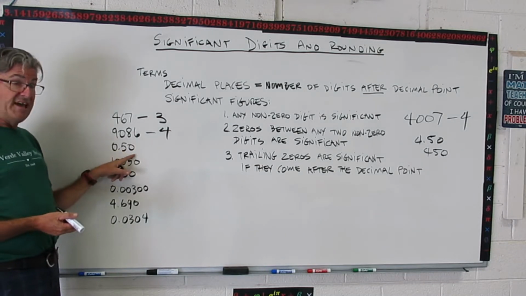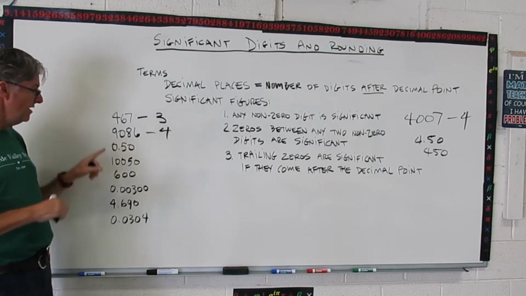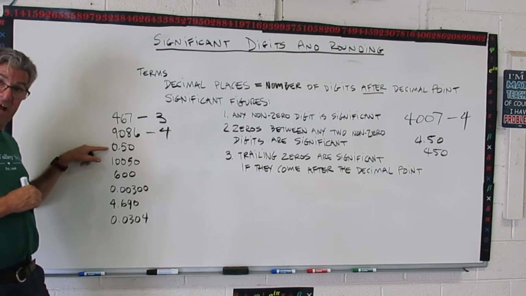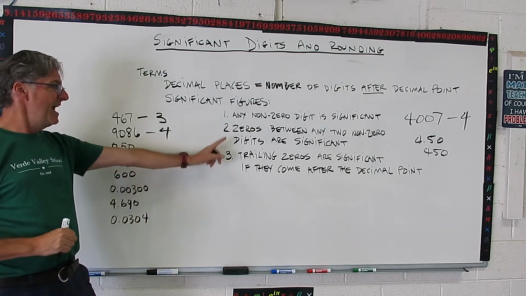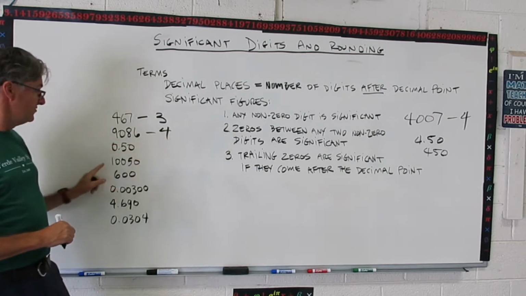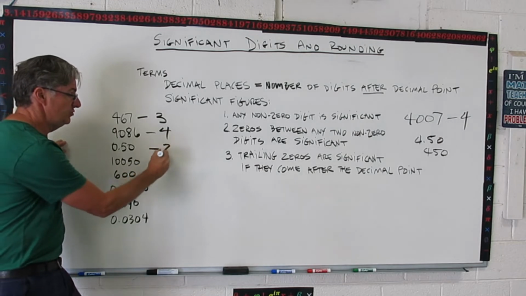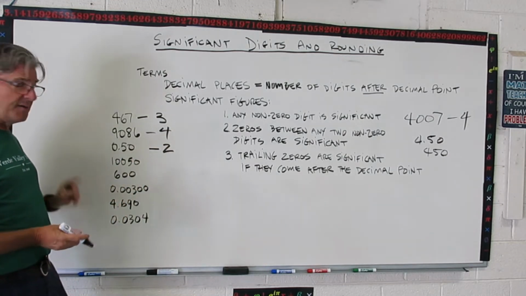This 0 is to the right of the decimal, so that counts. I have a 5 and a 0, that's 2. Now this 0 doesn't count. It's not covered under this rule because it's to the left of the decimal, and it's not sandwiched in between 2 non-zero numbers. So this one only has 2. I know, kind of tricky, but as you practice this, it's going to get easier, I promise you.